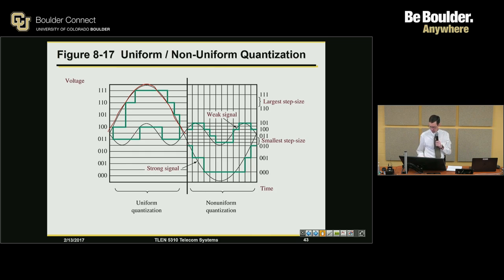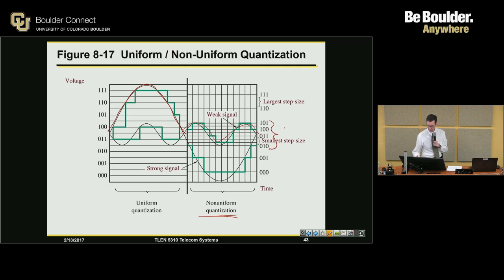If I do a non-uniform quantization, where I make the small signals with a higher quantization and the large signals with a lower quantization, I make the small signals look better.